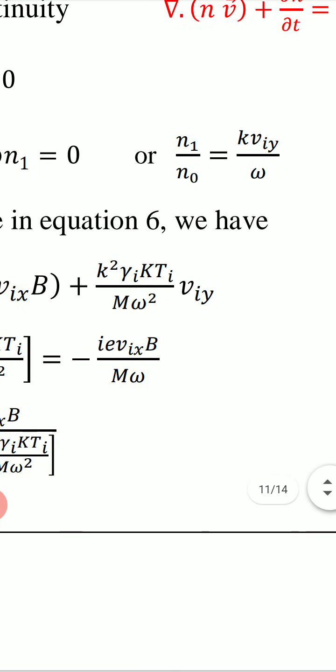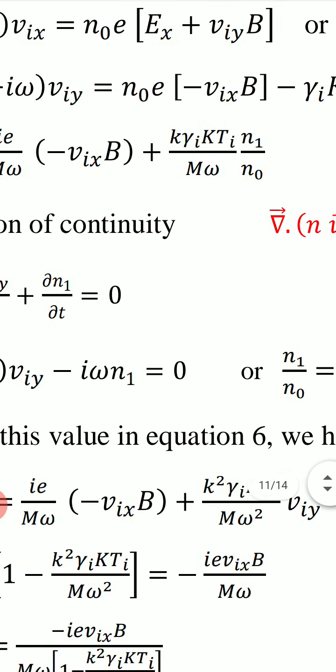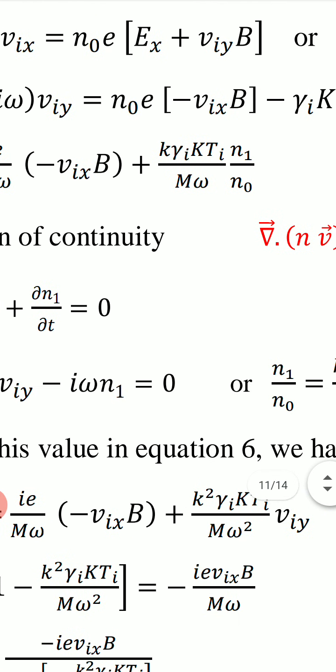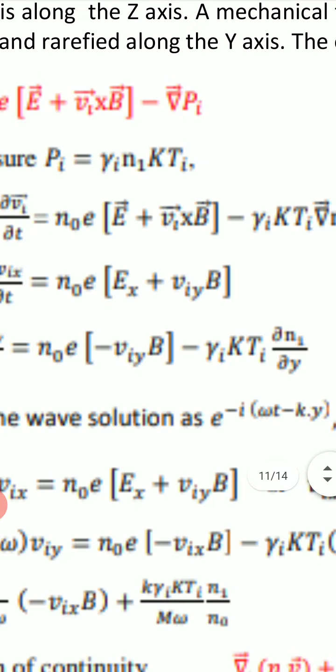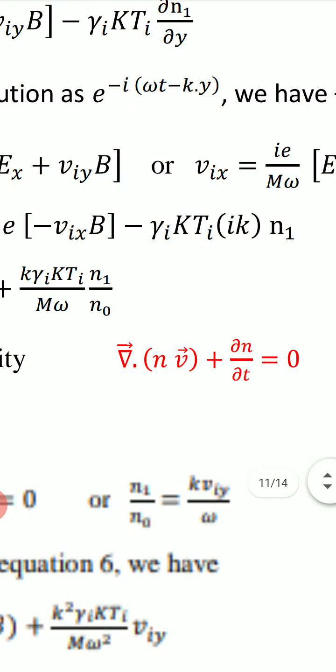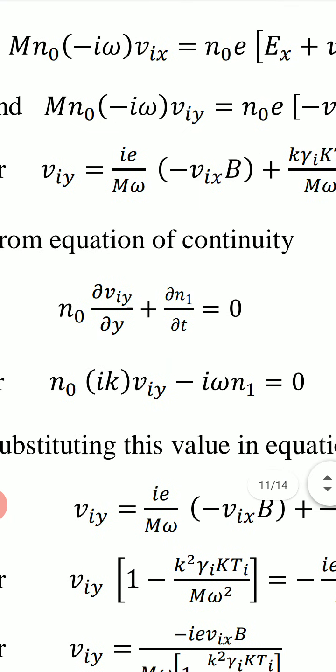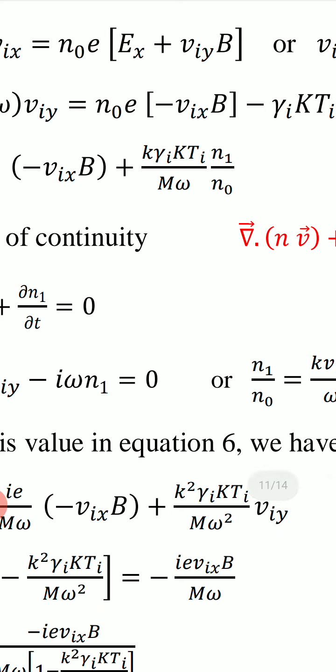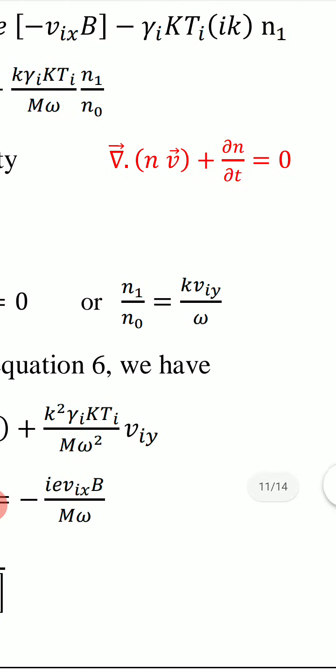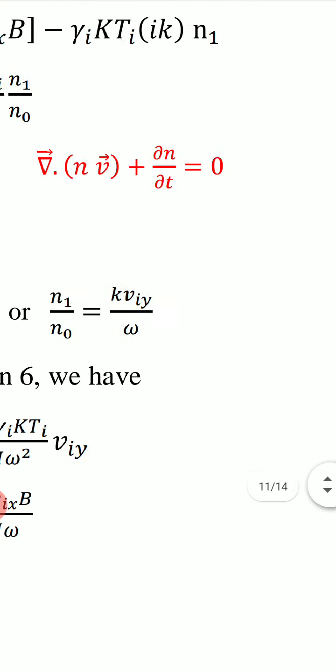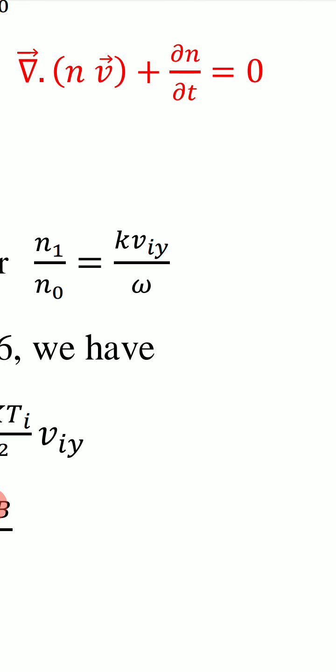Substituting this value in equation 6 for VIY, in the second term we have N1 upon N0, and this value of N1 upon N0 we put from here: the value of N1 upon N0 is k VIY upon omega.